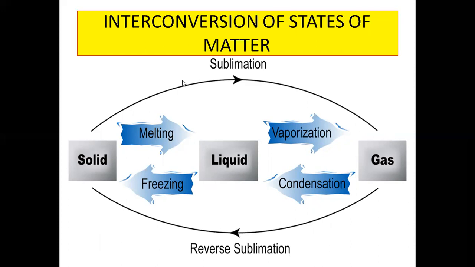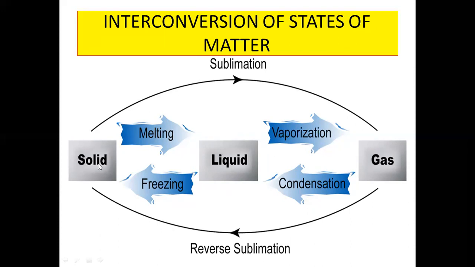We know that on heating, ice turns into water and water into steam, whereas if we cool the steam, it turns into water and water into ice. So we can easily say that interconversion of states takes place on heating or cooling.